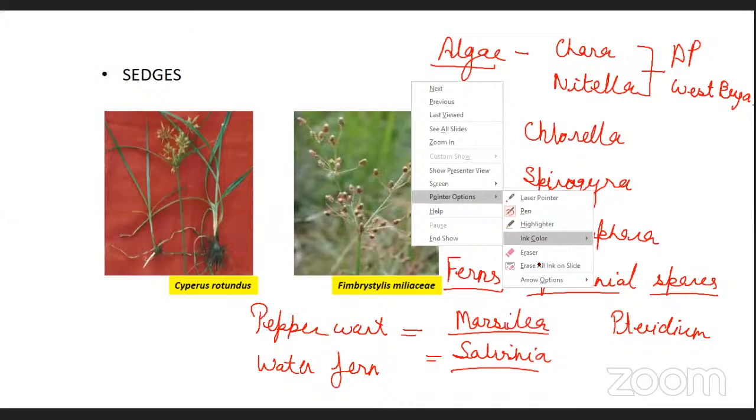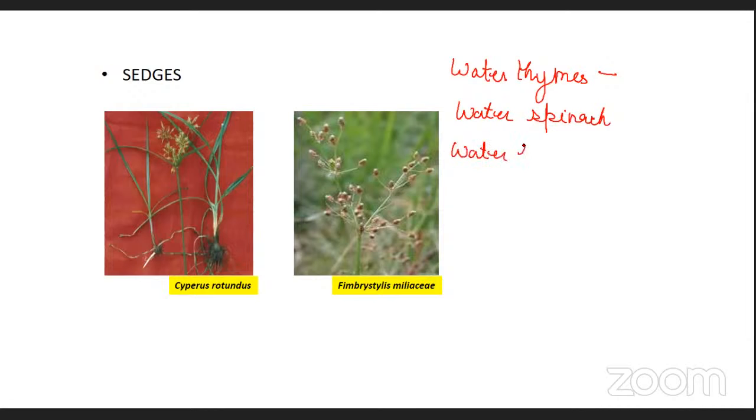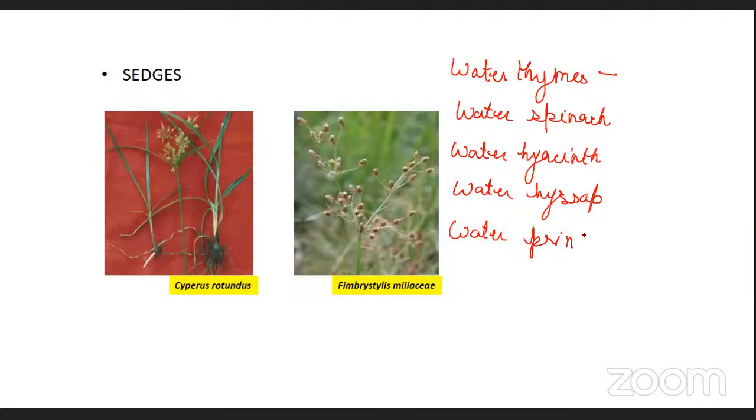Because water fern came up, I am just thinking that you should know some of the names. Can anyone tell me the scientific name of water thyme? Water spinach, water hyacinth, water hyssop, water primrose. Have you heard these names or not?